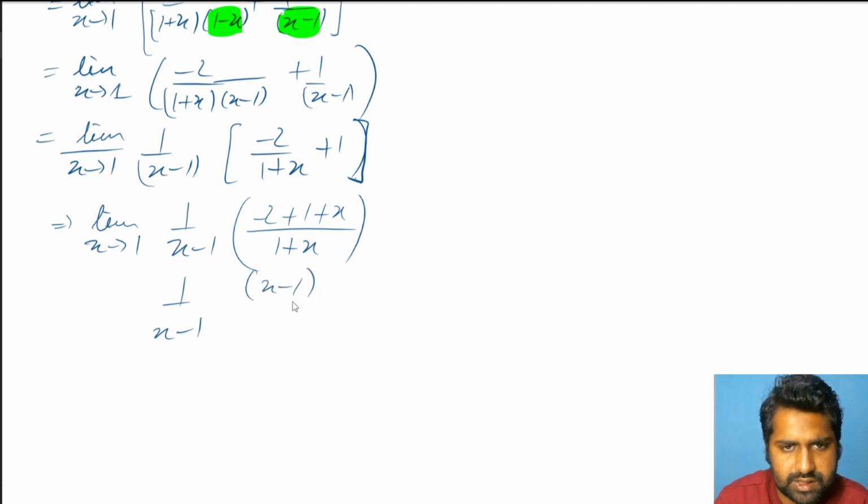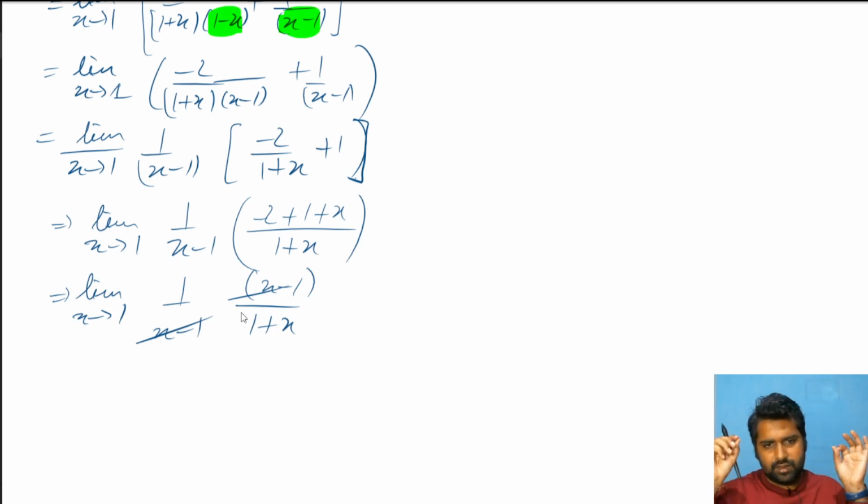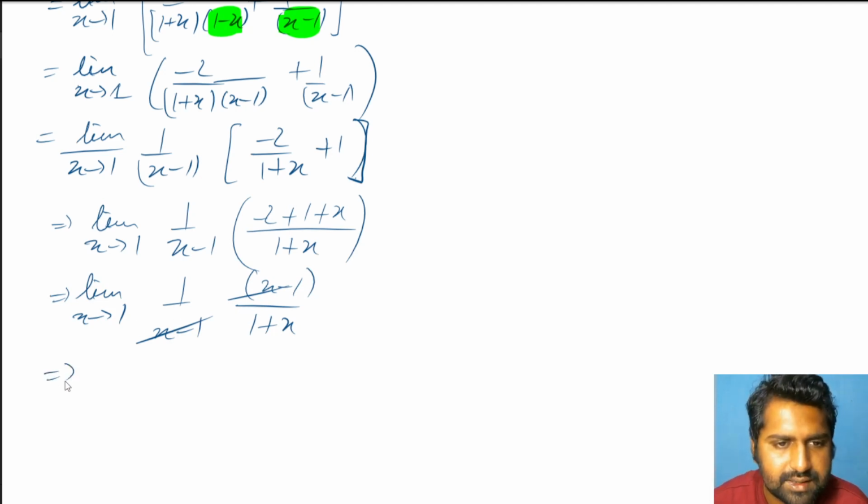Oh, interesting. Upon 1 plus x, and the limit is x tends to 1. x minus 1, x minus 1 cancels, and the moment numerator and denominator cancel, direct substitution is valid. We can do so, put x as 1, so 1 upon 1 plus 1, 2.